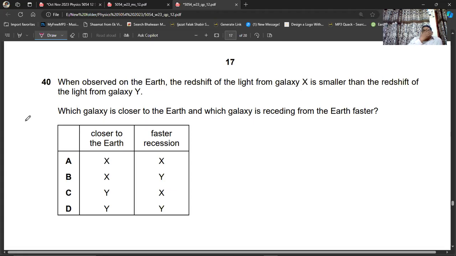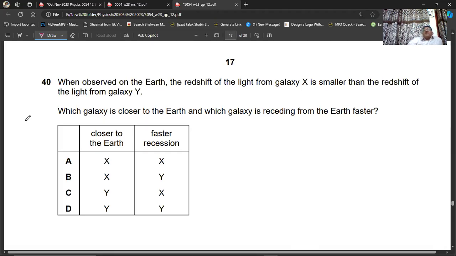The galaxy which has smaller redshift is relatively closer to the Earth. And the galaxy which has larger redshift is further away and is receding at a faster rate.